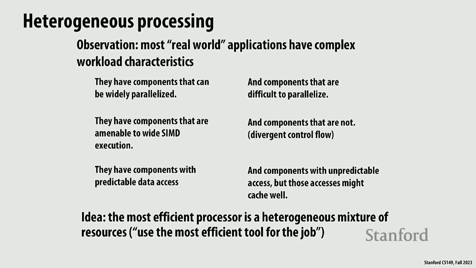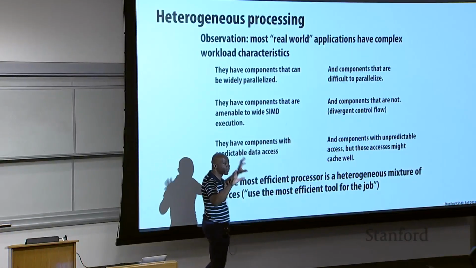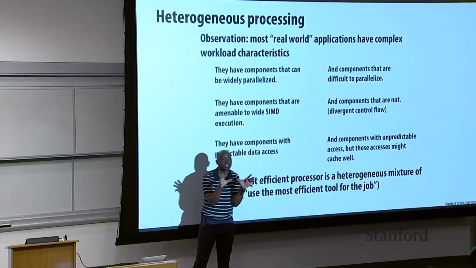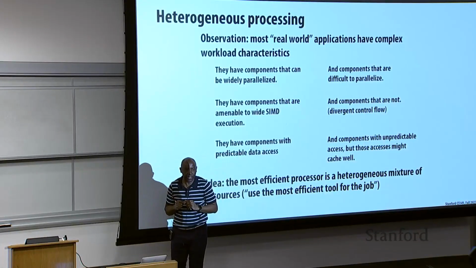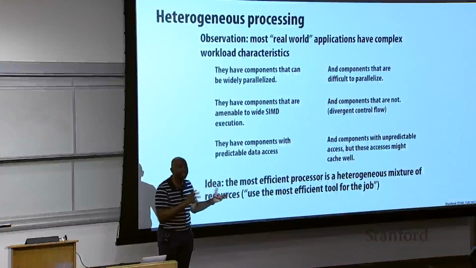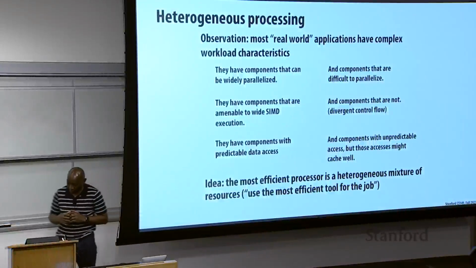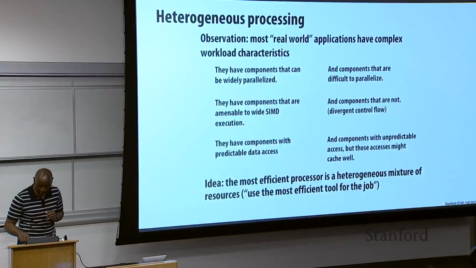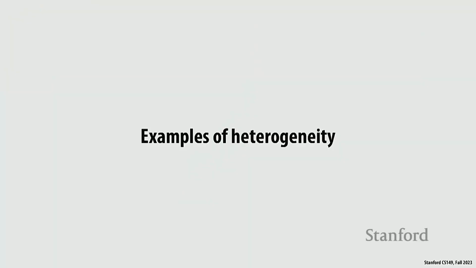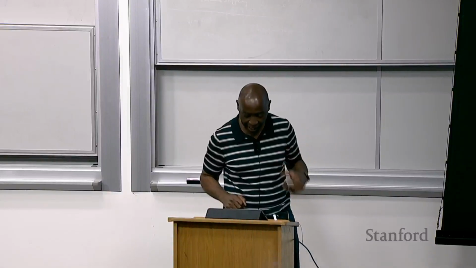And so the question then is, if you want to be able to exploit the wide variety of characteristics of the application space, then maybe you want to specialize your components to exploit the particular characteristics of your application, right? And so that's the idea of heterogeneity. And it turns out that all modern processors are in fact heterogeneous, right?